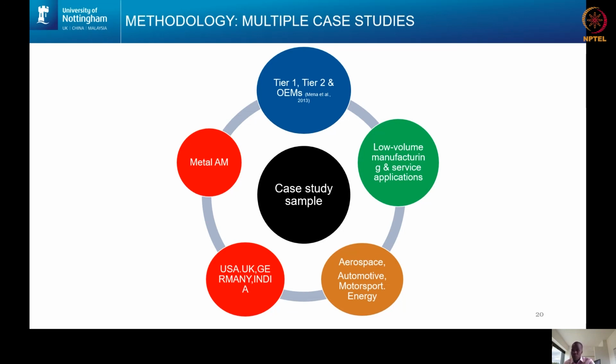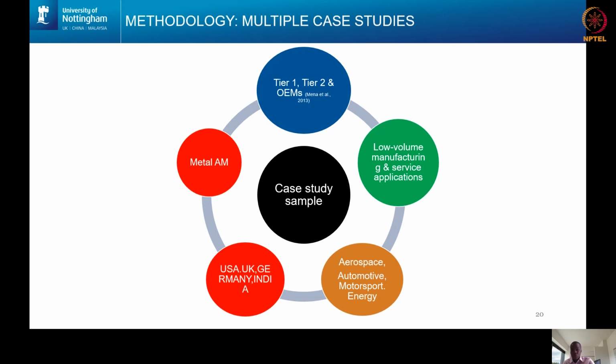So we looked at low volume sectors such as aerospace, motorsports. There are niche segments within the automotive industry, high-end value cars that can absorb the cost premiums associated with additive manufacturing. And also we looked at applications in the energy sector.